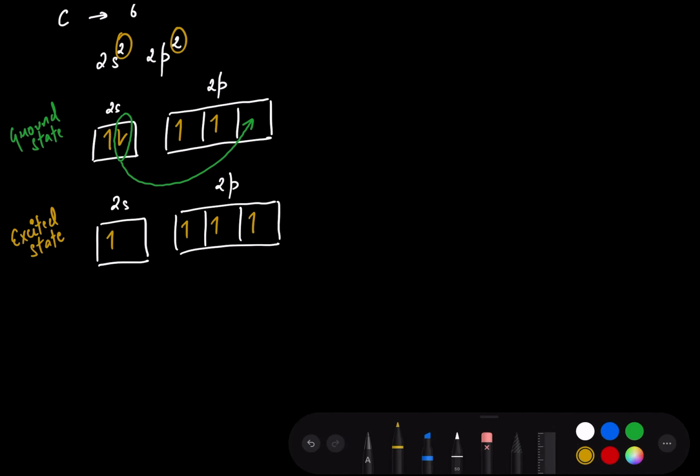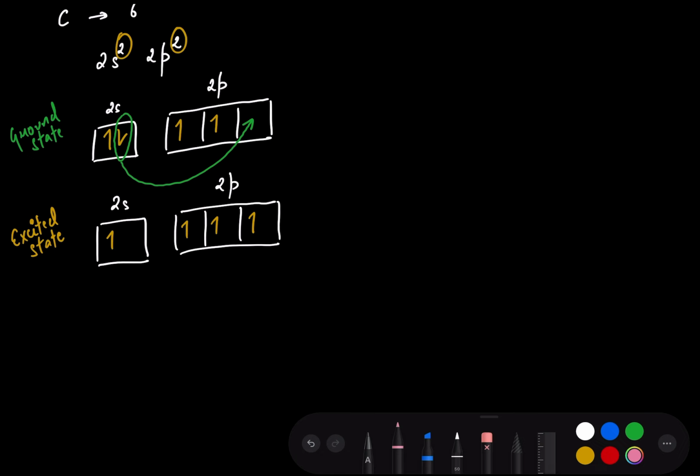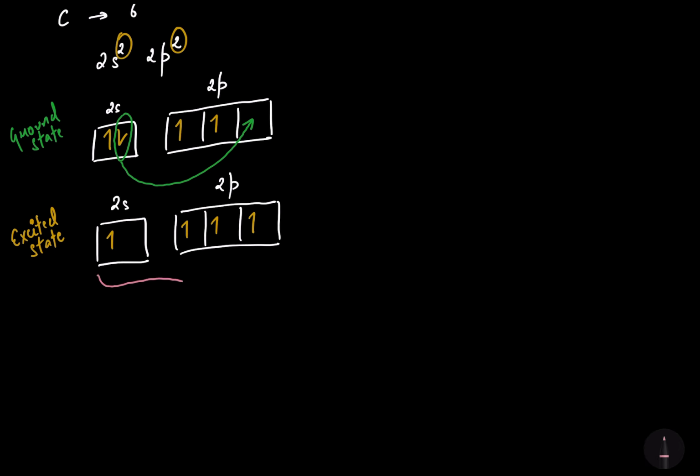From here, hybridization will take place. One of the s orbital and 3 of the p orbitals will intermix with each other. One s orbital and 3 p orbitals, they will intermix with each other.